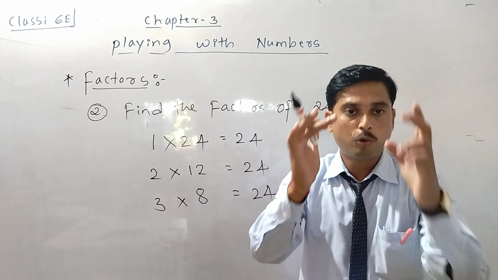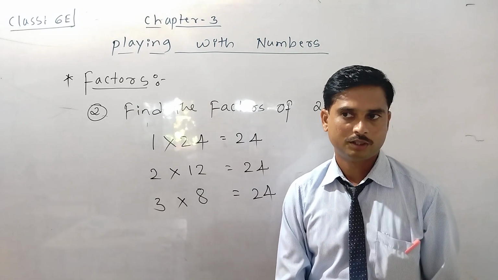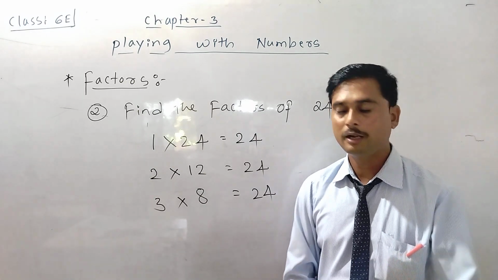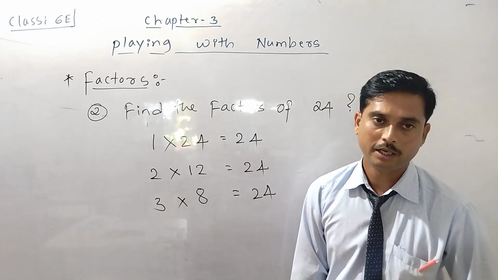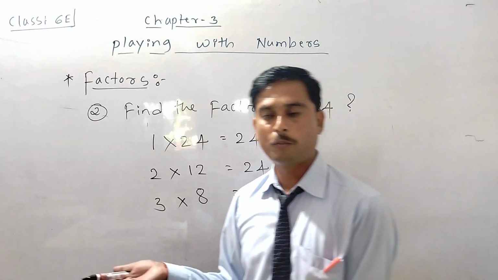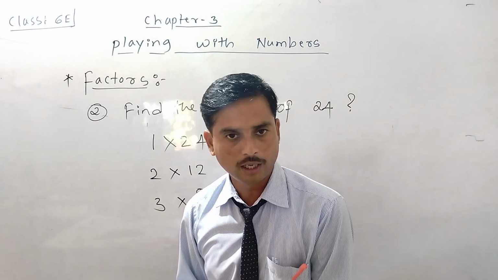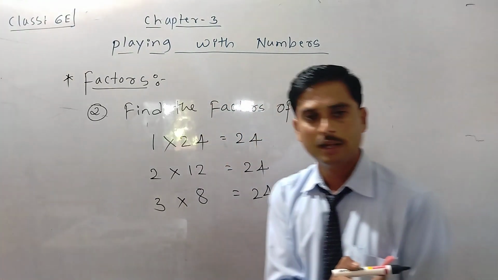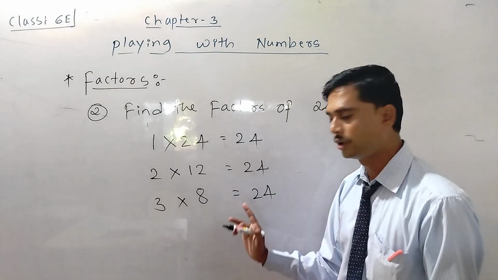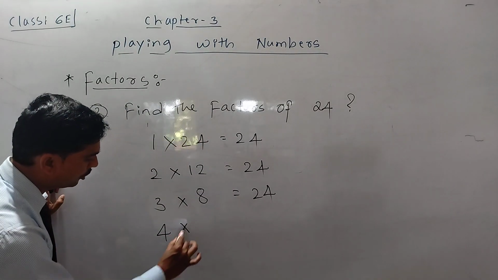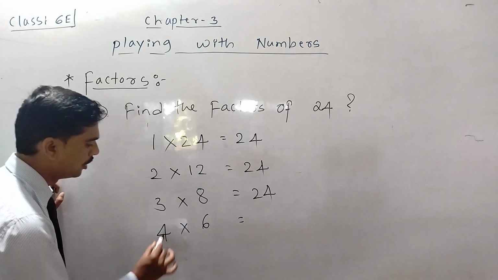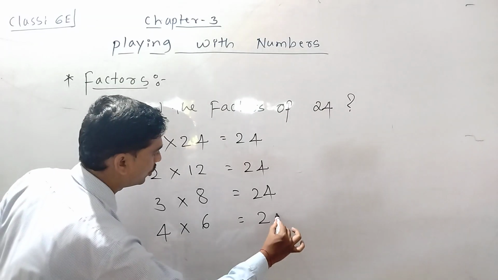Then think: does 4's table have 24 or not? Yes, 4's table also has it. 4 ones are 4, 4 twos are 8, 4 threes are 12, 4 fours are 16, 4 fives are 20, 4 sixes are 24. So 4 into 6 is equal to 24.